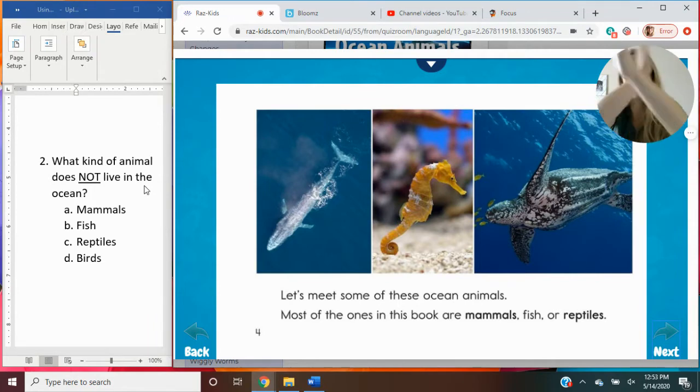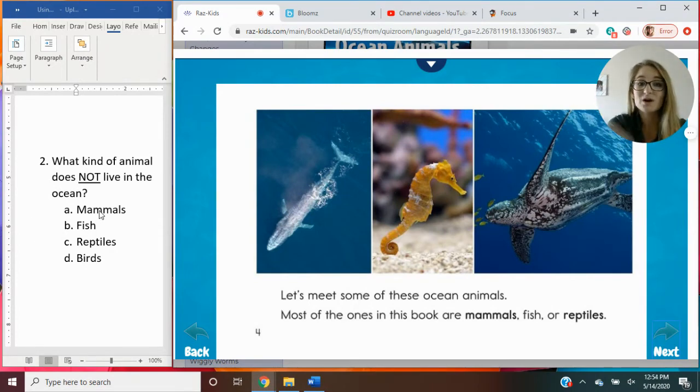So you're going to pick the one that does not live in the ocean. Remember, if you need a reminder, click the speaker button again and it will read it to you. Remember, let's pretend like we're pressing the speaker button and it says, most of the ones in this book are mammals, fish, and reptiles. Keep that in your brain.